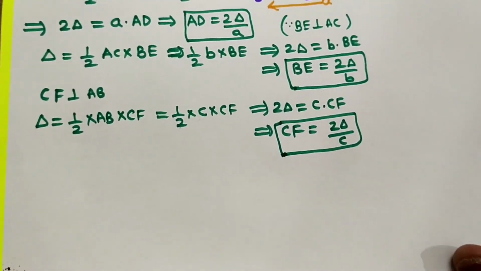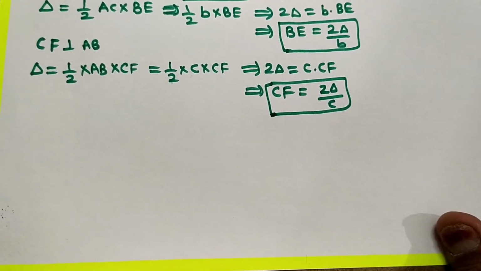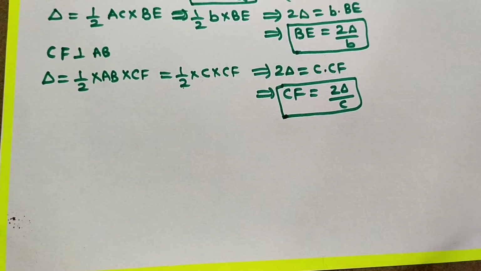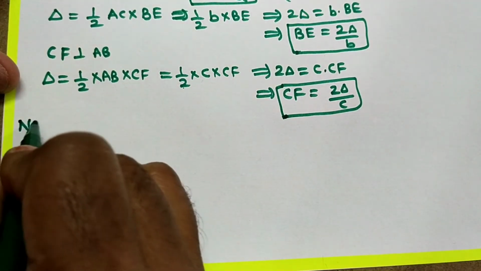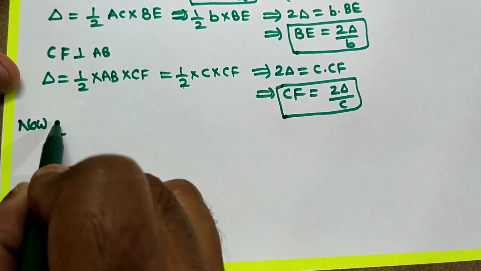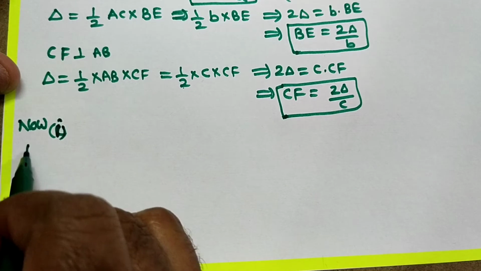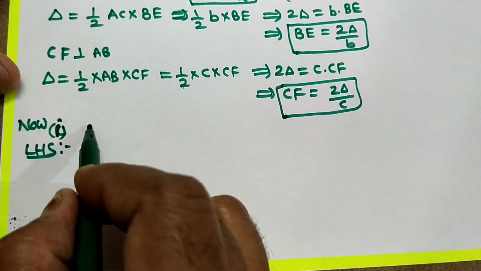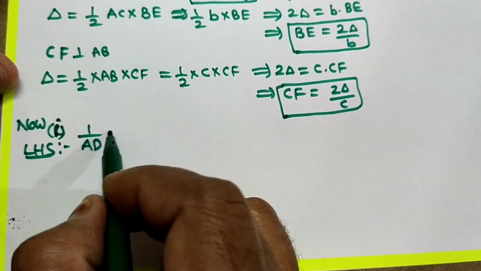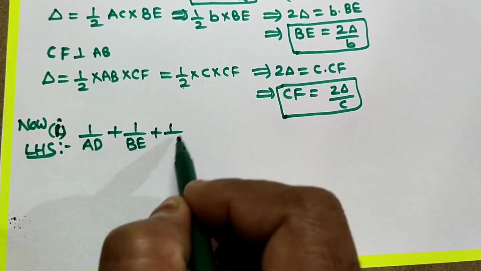First one, LHS: 1 by AD plus 1 by BE plus 1 by CF.